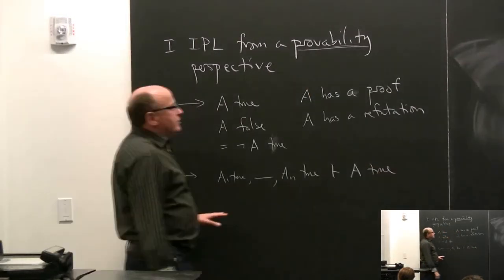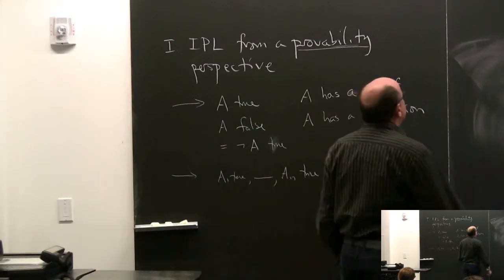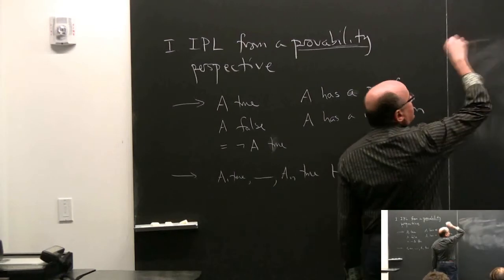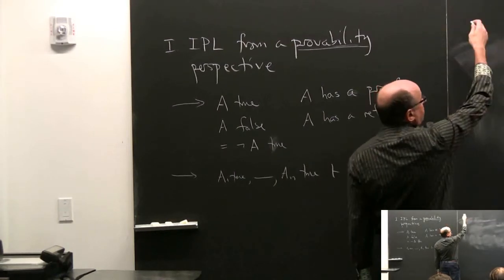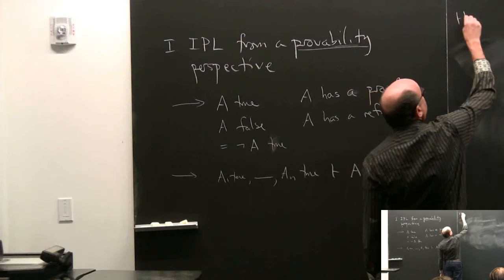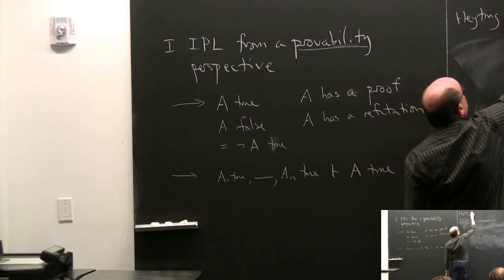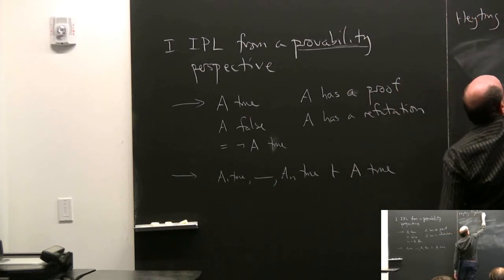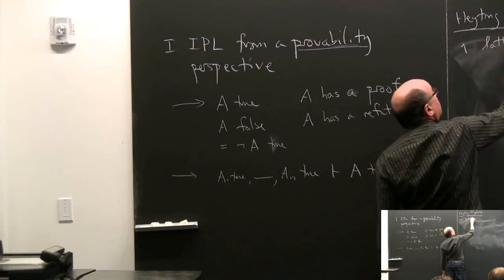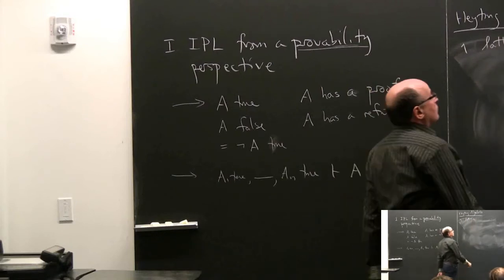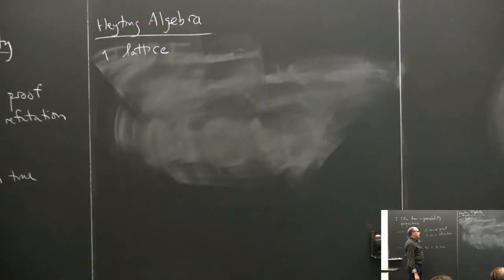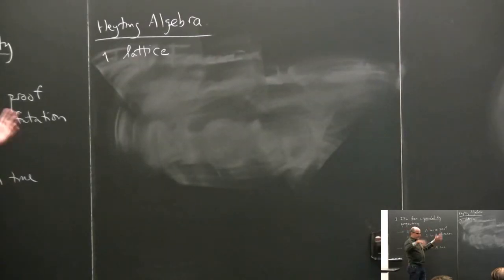Just to remind you, if you look at intuitionistic propositional logic, that is, we have the connectives conjunction, implication, truth, disjunction, and falsehood, we get the structure of what was called the Heyting algebra. To put it briefly, it's a lattice, which means it's a preorder with all finite meets and joins. A lot of times in computer science, people throw the word lattice around and let it mean whatever they want.